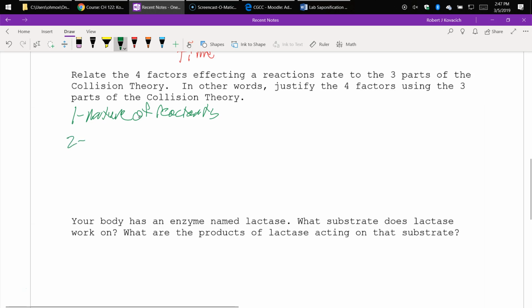What's the second part? The third one? Concentration. And the fourth one?